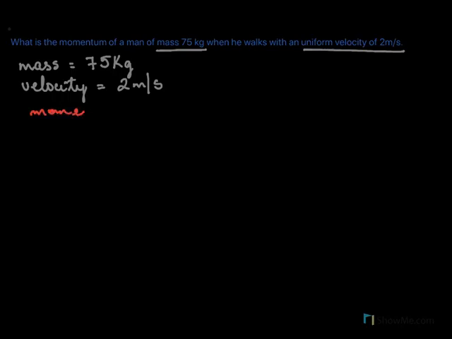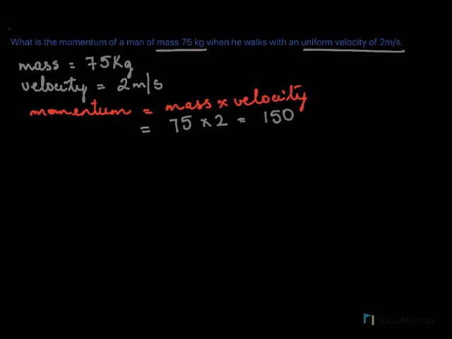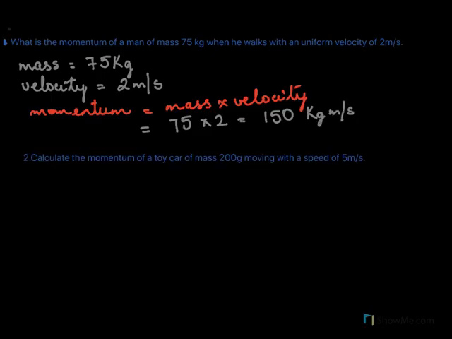And we know the formula for momentum. Momentum is the product of mass and velocity. So we have momentum equal to 75 into 2, that is 150 kg meter per second.